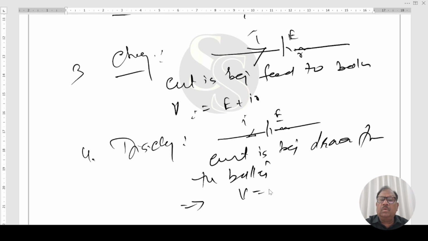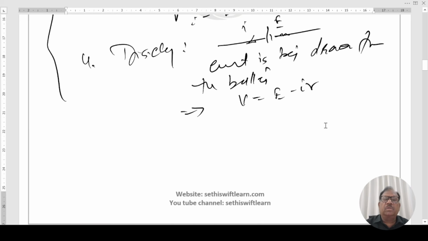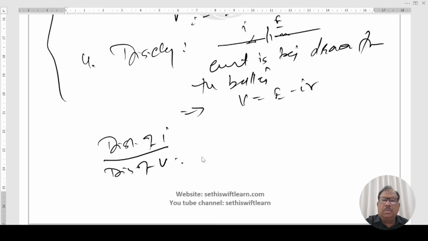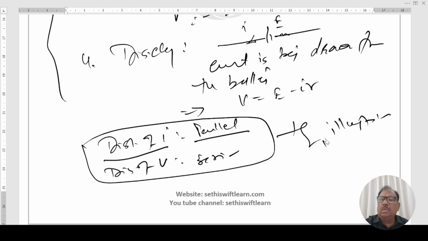In that case, V equal to E minus IR. These are the four cases of the battery. We will discuss the question also. Also, we will discuss distribution of I, distribution of V in series and in parallel through illustrations in the question.